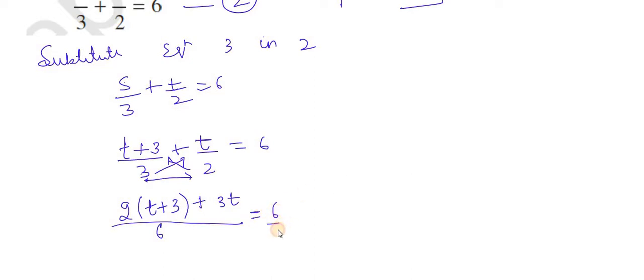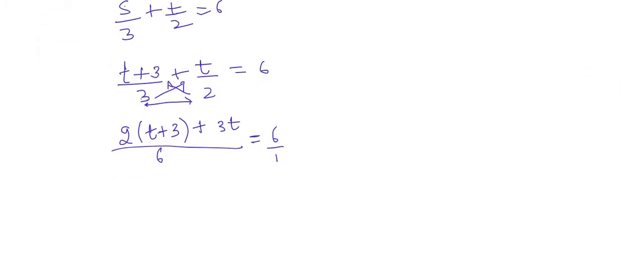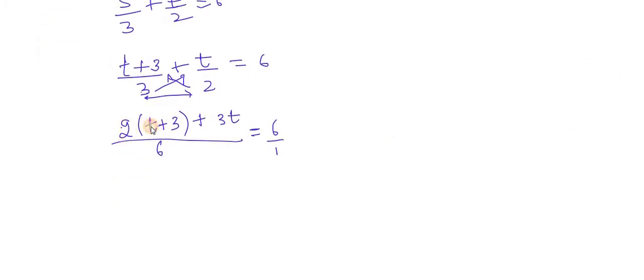Is it clear? Again you can cross multiply. Wherever plus or minus is there, you need to multiply the denominators. Wherever equal to is there, no need to multiply the denominator. So multiply: 2t plus 6, plus 3t, divided by 6, which is equal to 6 by 1. So multiply this.